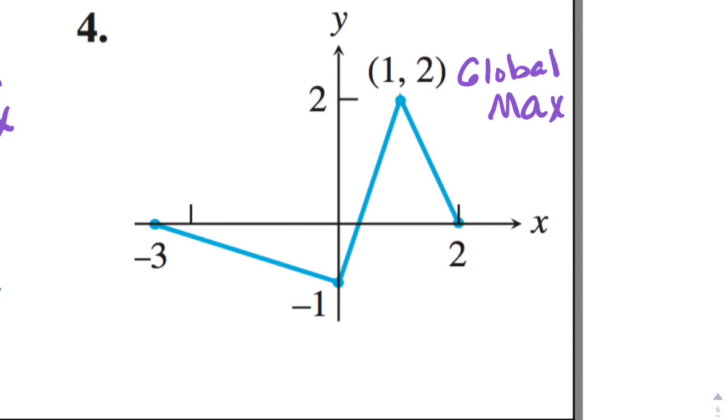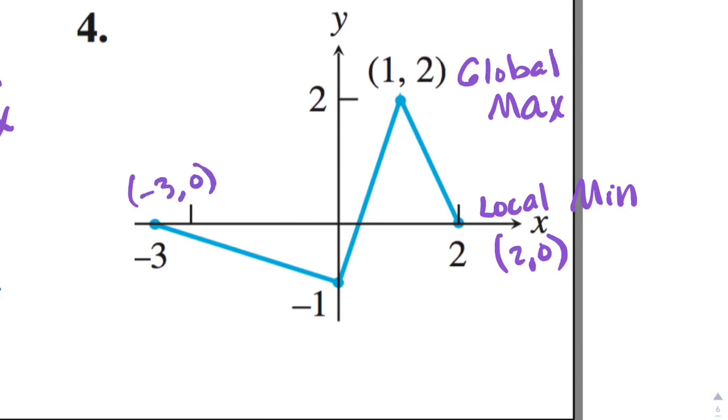We have a local min at 2, 0. At -3, 0, we have a local max. We have a global min at 0, -1.